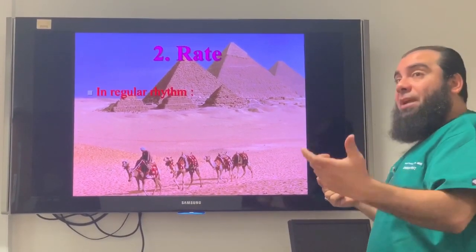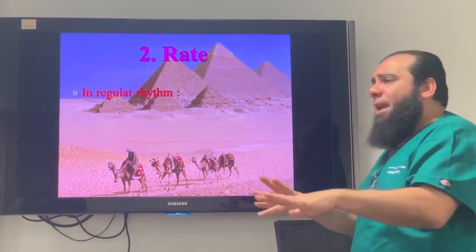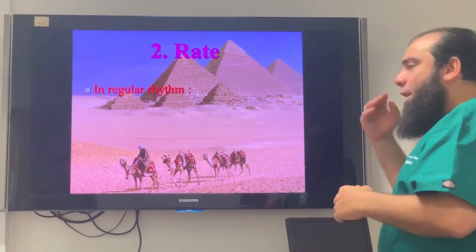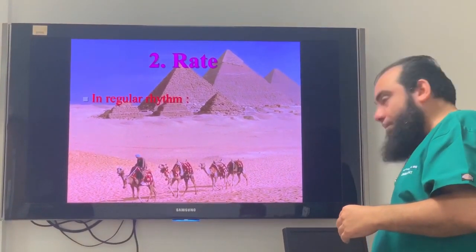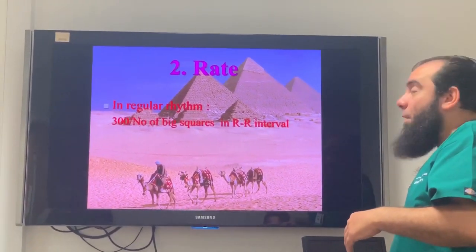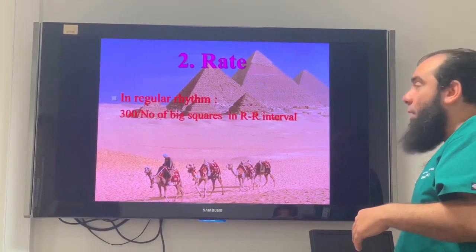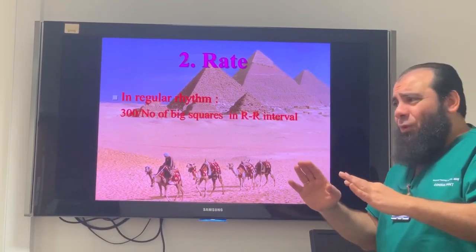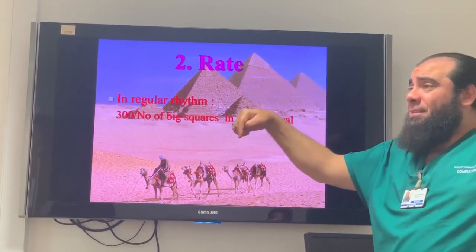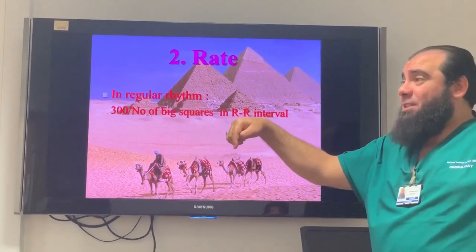But actually we depend on the machine. Don't rely on that, practice it yourself, okay? Any other way to calculate rate? As you mentioned before, 300 divided by the number of big squares in RR. Is it usual to have the R's exactly at the beginning and end of big squares?